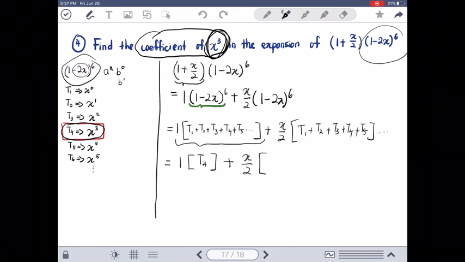Okay, how about x over 2? So x over 2 must times with x squared so that we could produce x to the power of 3. So what term will produce x squared? Term number 3. So we do not need to consider other terms, just consider term number 3, the third one.